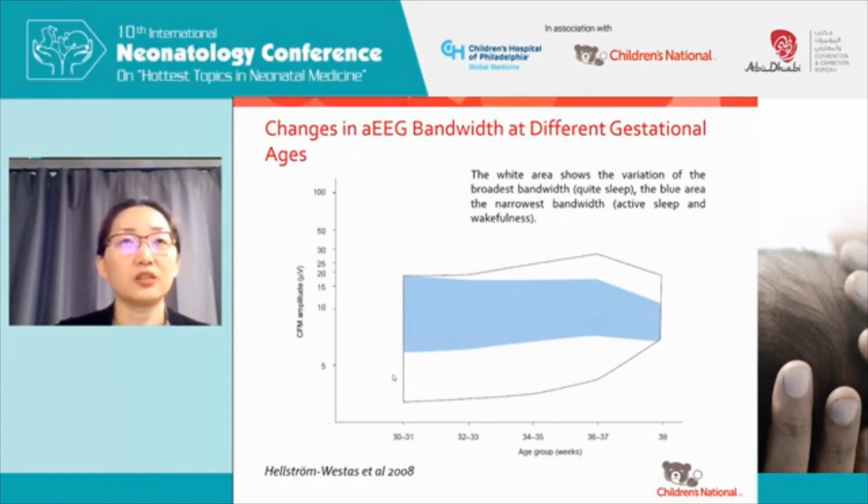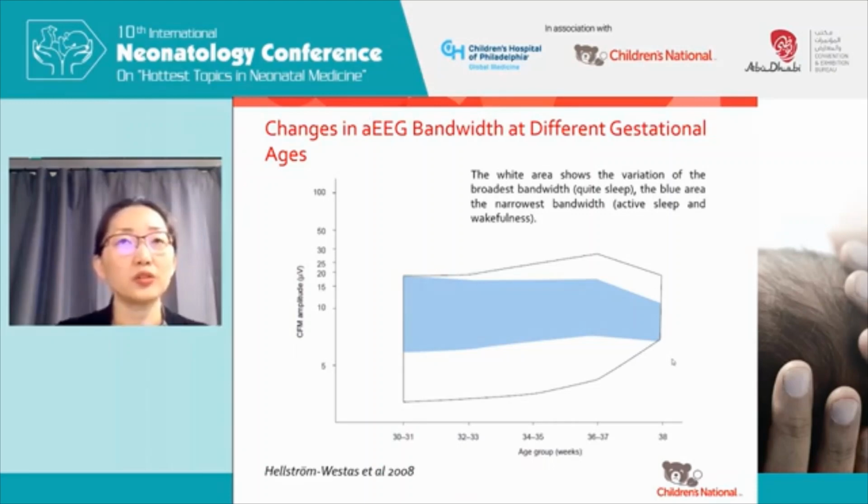Because A-EEG looks at not just amplitude, but also frequency, the percentage of frequencies changes as you go from extreme prematurity towards term gestational age. It also goes from being a discontinuous tracing, meaning you have a burst of brain activity and then a suppression of brain activity, and that period of discontinuity gets shorter and shorter as you approach term age, when it is then continuous in both the awake and sleep states.